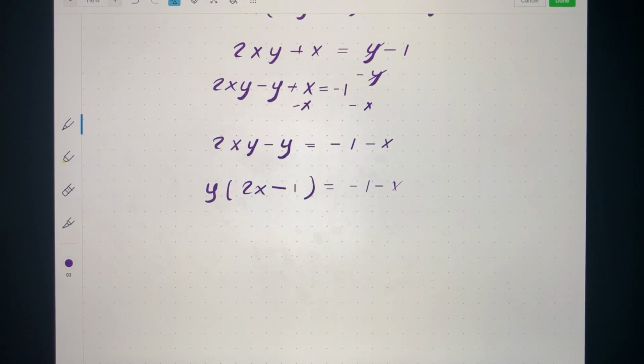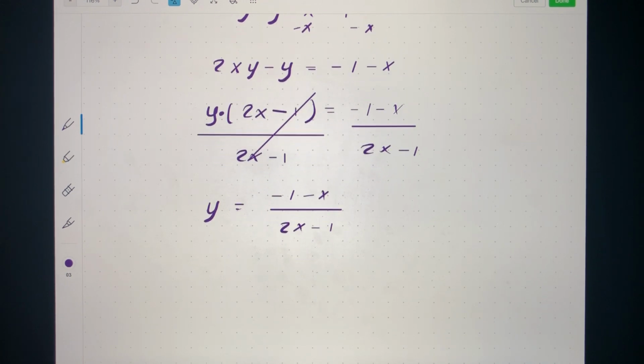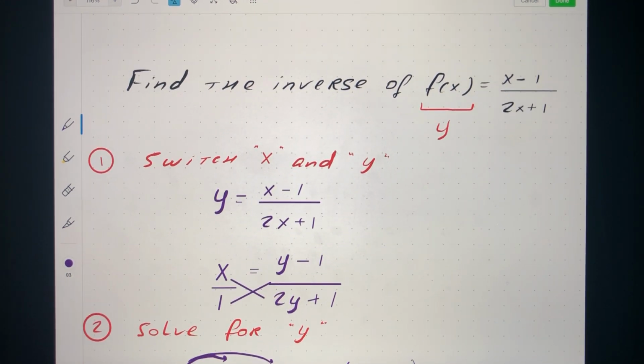Finally, to cancel multiplication, we divide both sides by 2x minus 1, and that gives us y is (negative 1 minus x) divided by (2x minus 1). Finally, we write the final answer using the same name as we had before. So it was f of x. Now the inverse is going to be written as f to the negative 1 of x.